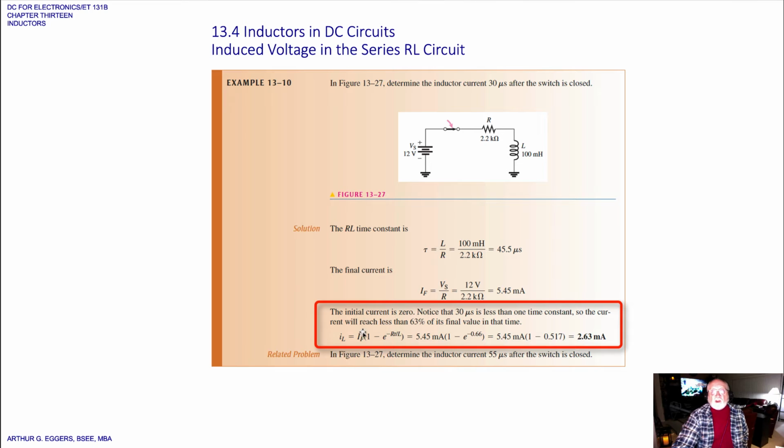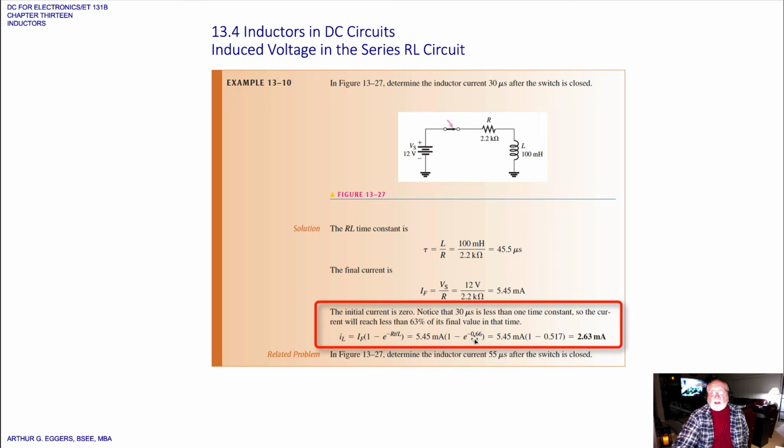So the current will reach less than 63% of its final value in that time. We've used the expression for initial current at 0. The current in the inductor is equal to the final current times 1 minus e to the minus Rt over L, which gives us 5.45 milliamps times 1 minus e to the minus 0.66. Recall, we plug our values in for R, the time, and L into this relationship.